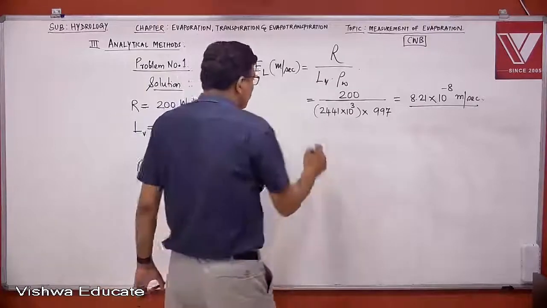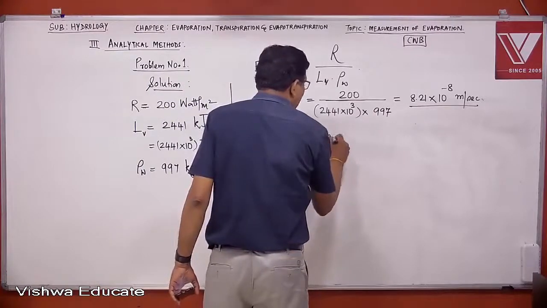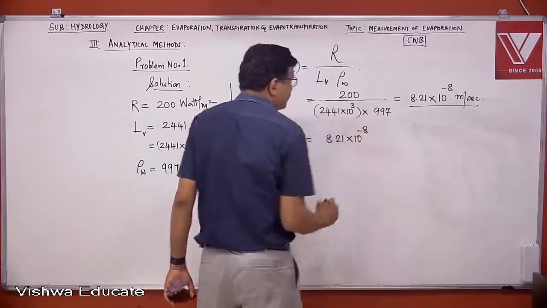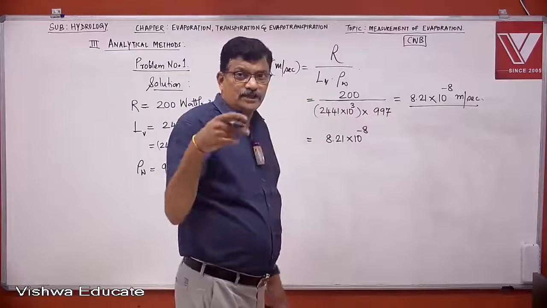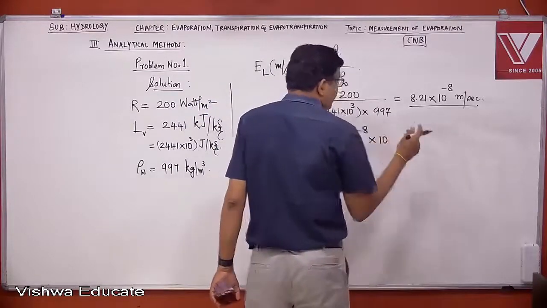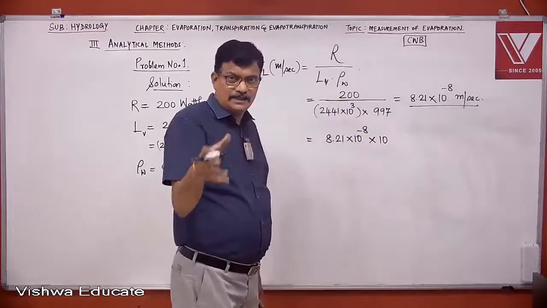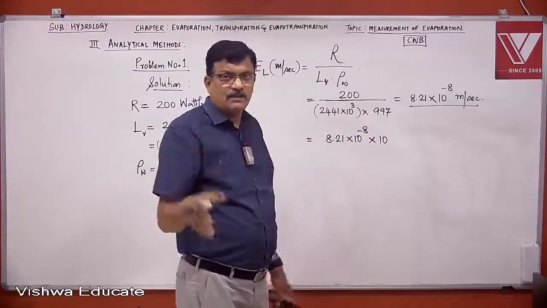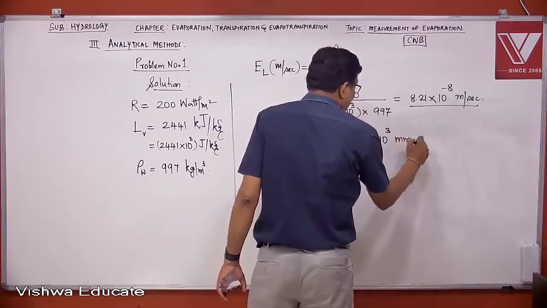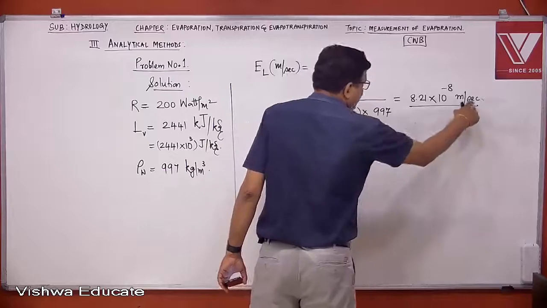This value I will rewrite here: 8.21 into 10 to the power of -8. To convert meters to millimeters, we multiply by 1 meter is 1000 millimeters, so it will be 10 to the power of 3. This would be millimeters, and it is per second.